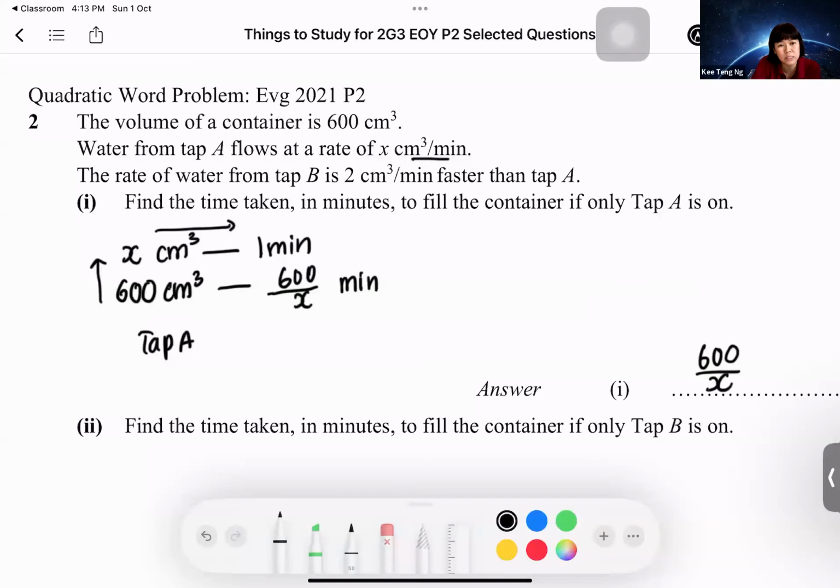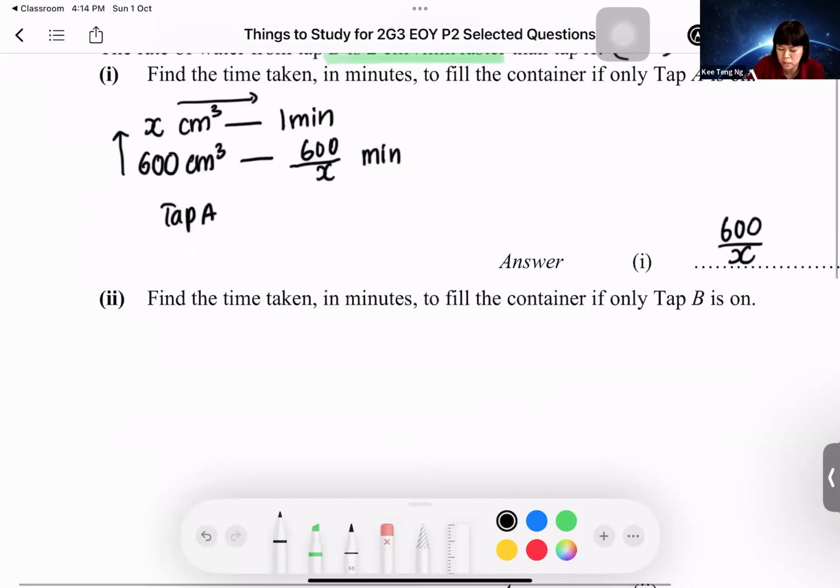Now, the question is the rate of water from tap B is 2 cm cube per minute faster. So originally it is x. Now 2 cm cube faster, it will be x plus 2 cm cube per minute.